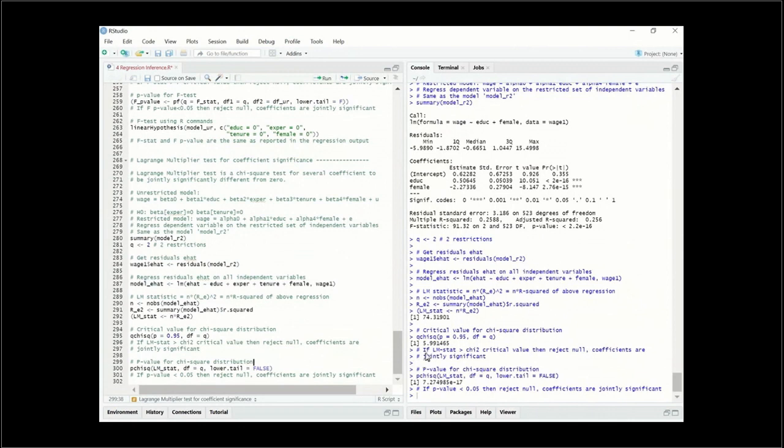Looking at the critical value, because the test statistic is higher than the critical value, we would be rejecting the null, so the coefficients are jointly significant, and the p-value is less than 0.05. Therefore, the coefficients are again jointly significant. So what we learned today is how to do hypothesis testing in linear regression.